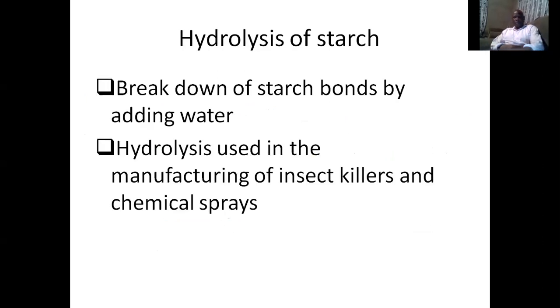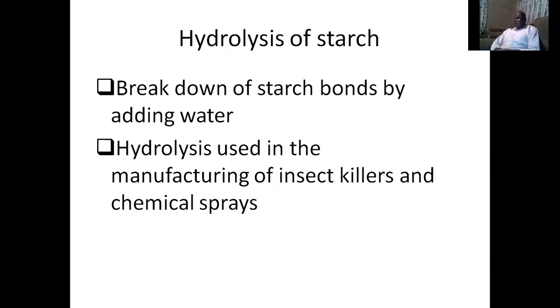And so the opposite of formation of starch is hydrolysis. That is where instead of removing water, now you add water, which is involved in the breakdown of starch bonds, and then you form simpler molecules. So hydrolysis is used in many places.